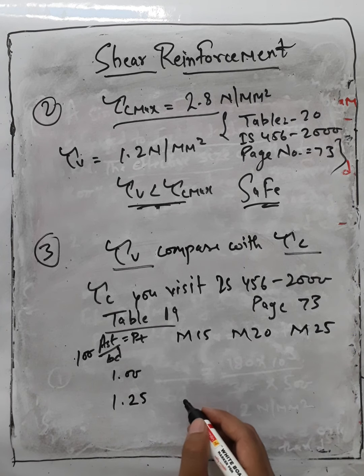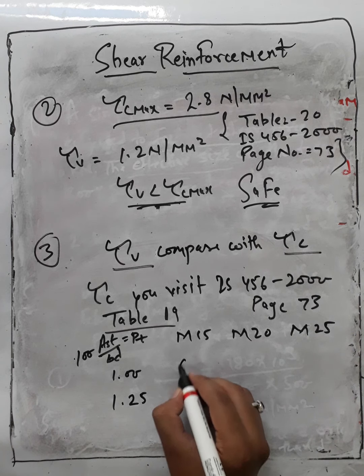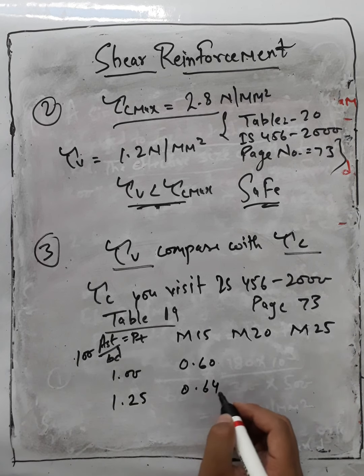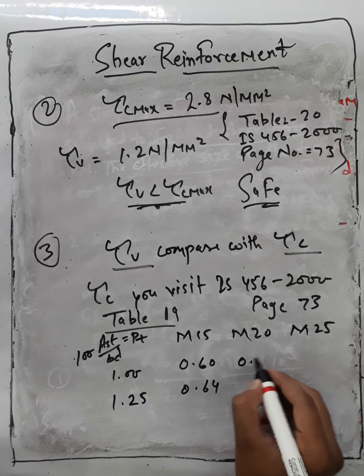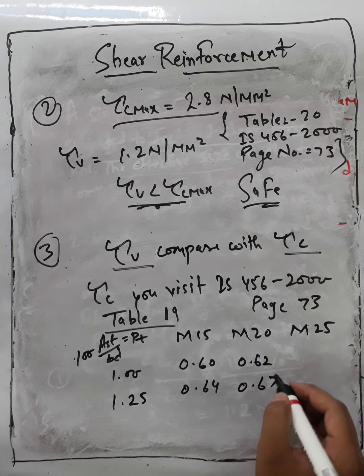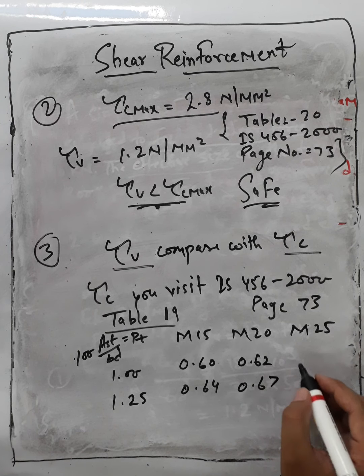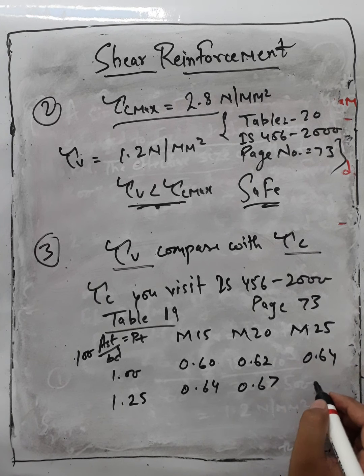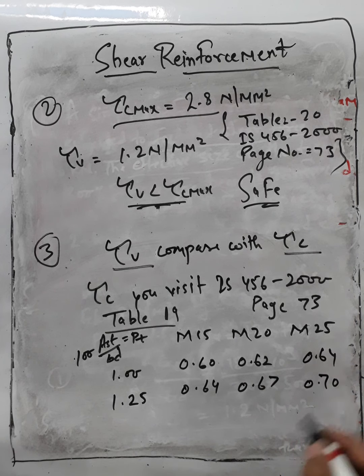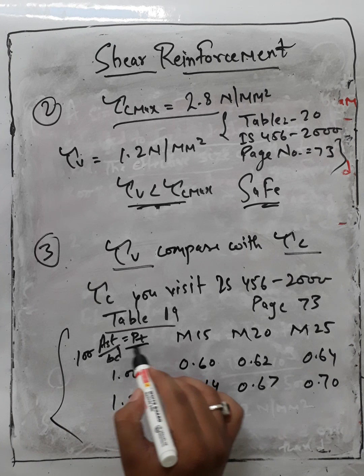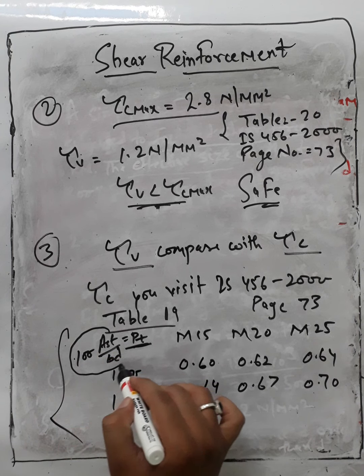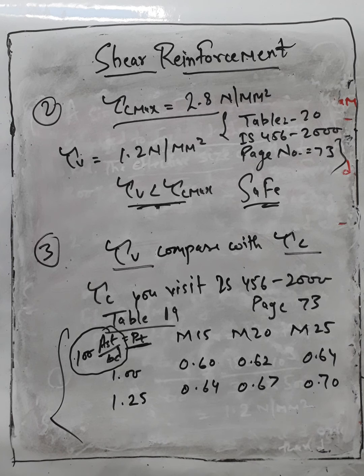So for M15 the values are 0.60, 0.64; for M20, 0.62, 0.67; and for M25, 0.64, 0.70. These values are given in IS 456 2000 table number 19, and here is one formula, 100 Ast upon bd. If in our question the pt value is not given, you have to find it with the help of this formula. After finding the pt value, you have to find the value of tau c.